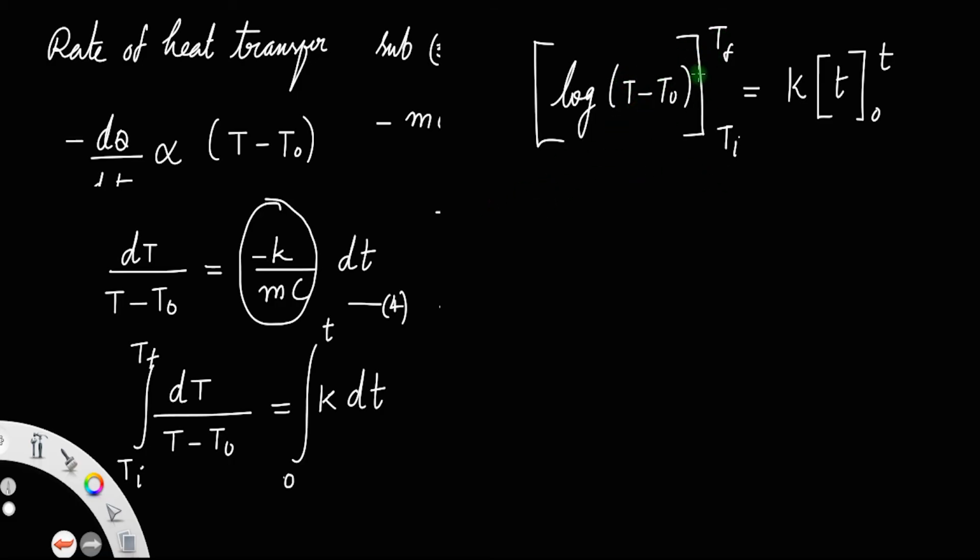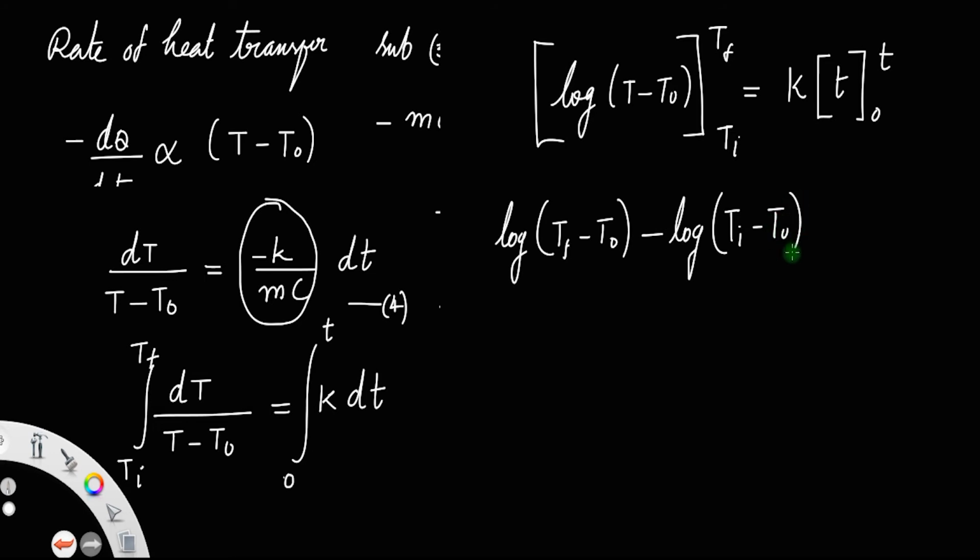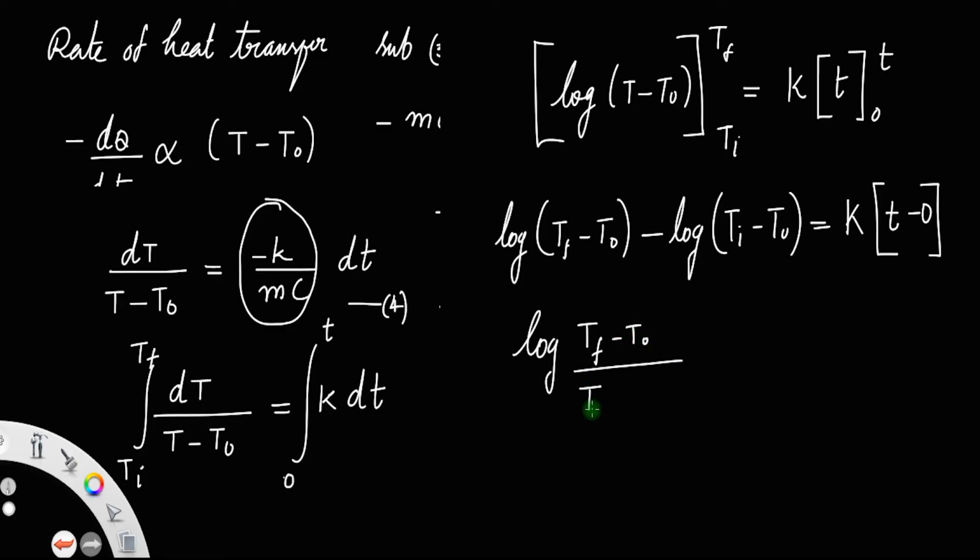First you put the upper limit, log of Tf minus T0, minus log of the lower limit, Ti minus T0, is equal to capital K times t minus 0. Log a minus log b is log a by b, that is log of Tf minus T0 by Ti minus T0 is equal to Kt.